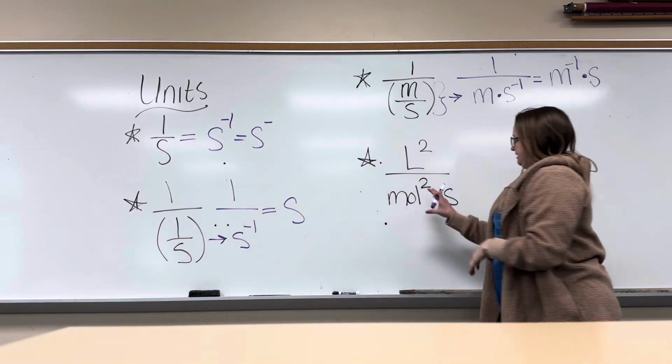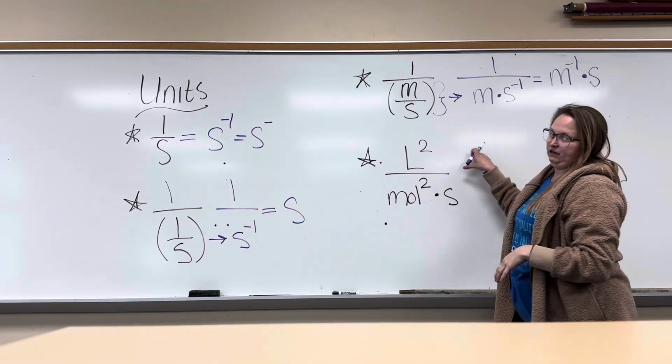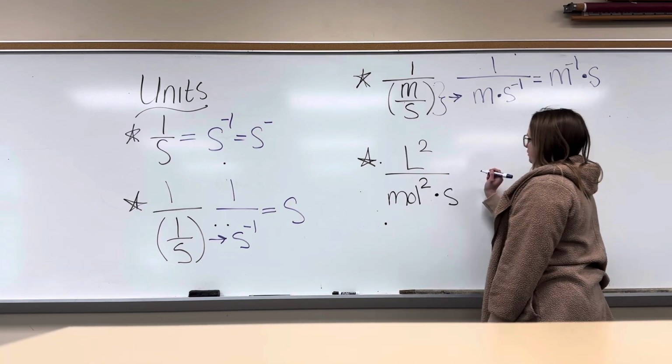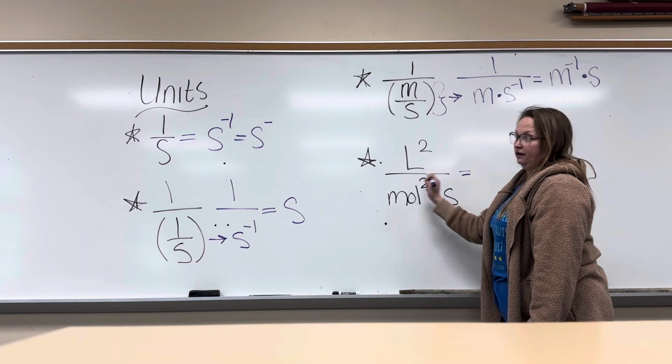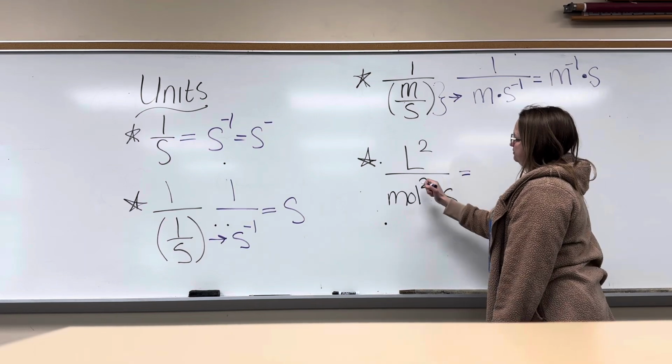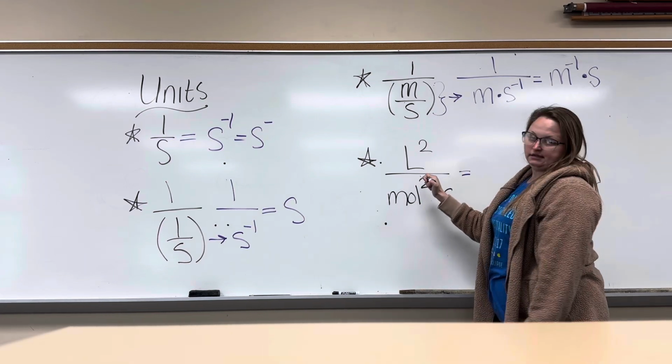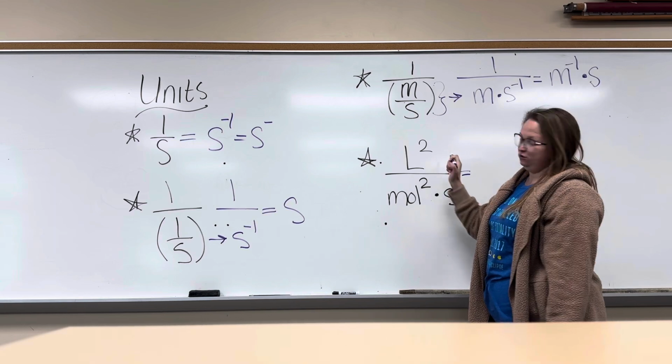Because we're just gonna take one of these at a time and pop it into the numerator. So let's move this moles squared up to the numerator. So that positive 2 is gonna be flipped to a negative 2.